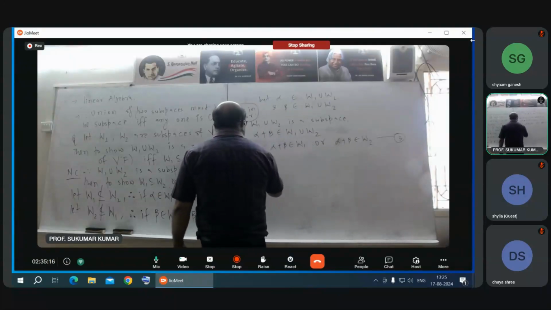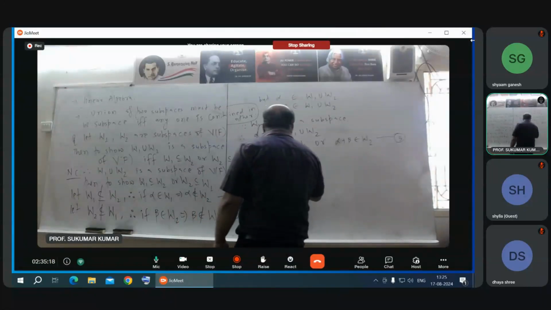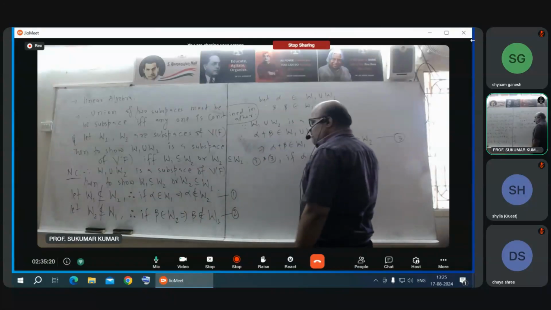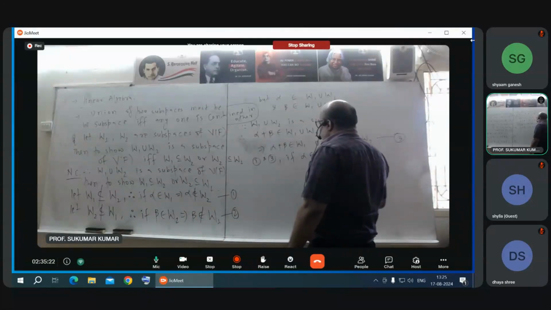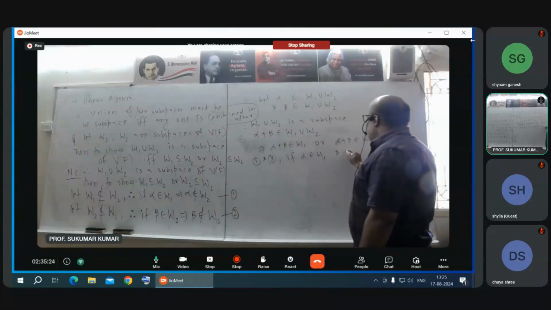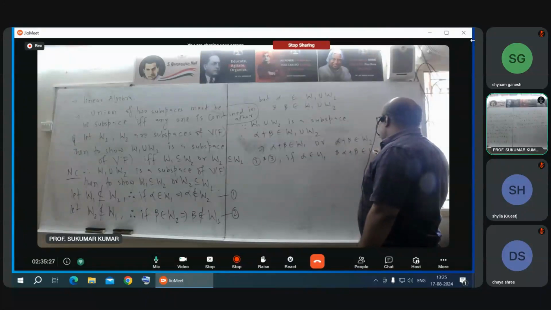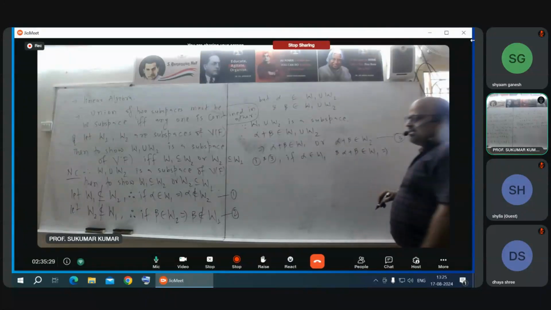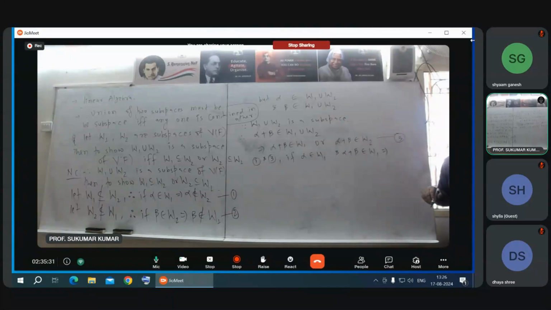By 1 and 3, if alpha belongs to W1 and alpha plus beta belongs to W1, then I will use the additive inverse and add: alpha plus beta minus alpha belongs to W1.